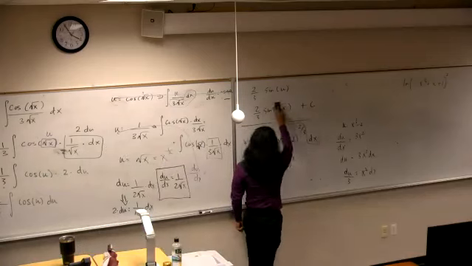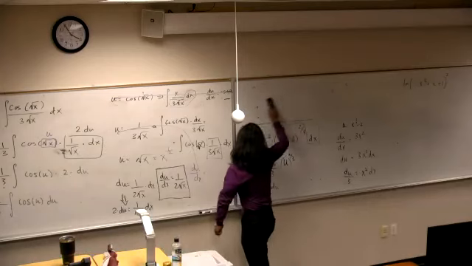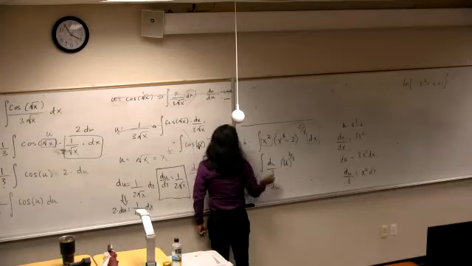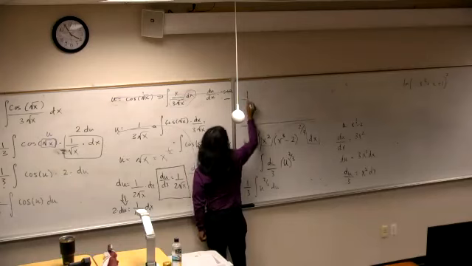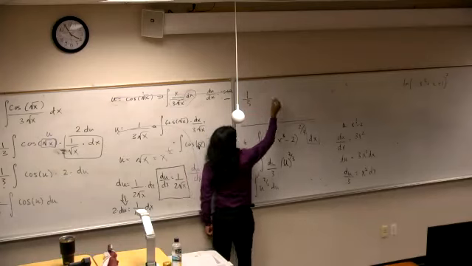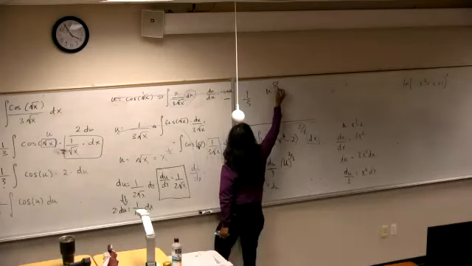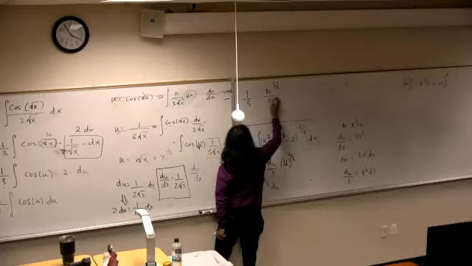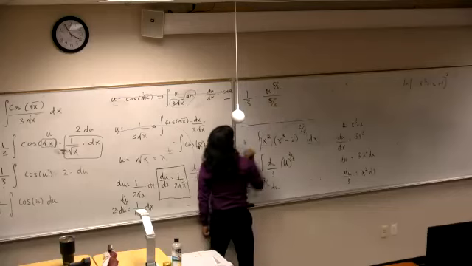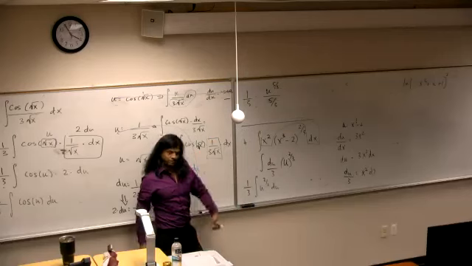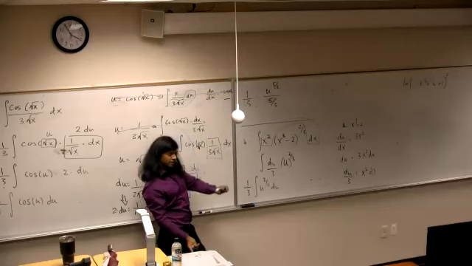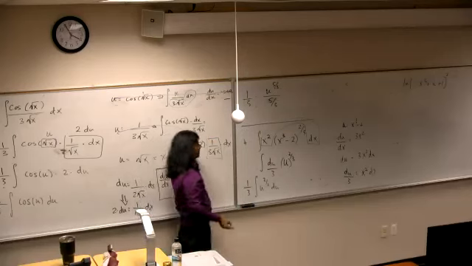Erase. What is the integral of that? U raised to 5/3 divided by 5/3. Flip and multiply.